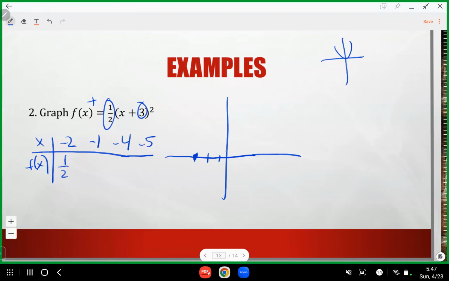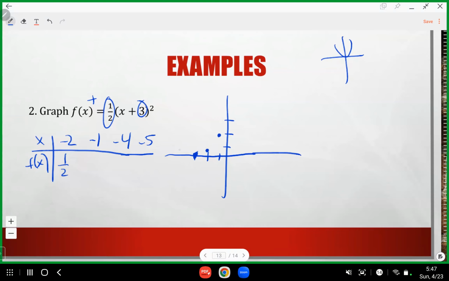When x is equal to -1, we have 2 here, and when x is equal to -4, we're going to have 1/2 again. And since there is an axis of symmetry here, once you figure out one side, you can find the other side. So that is going to be the graph of our parabola.